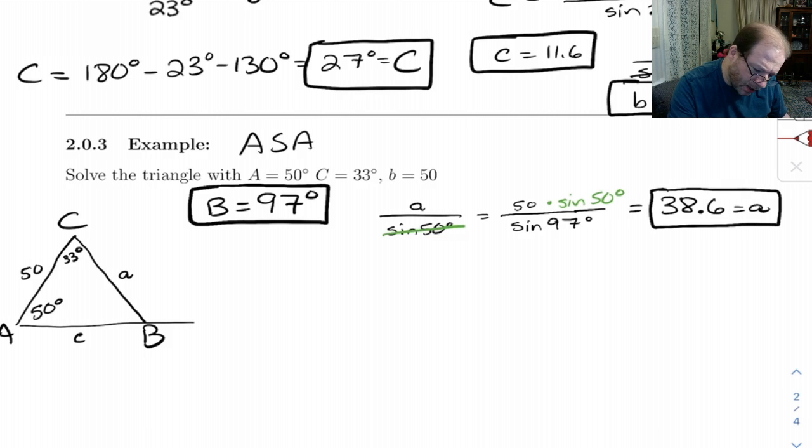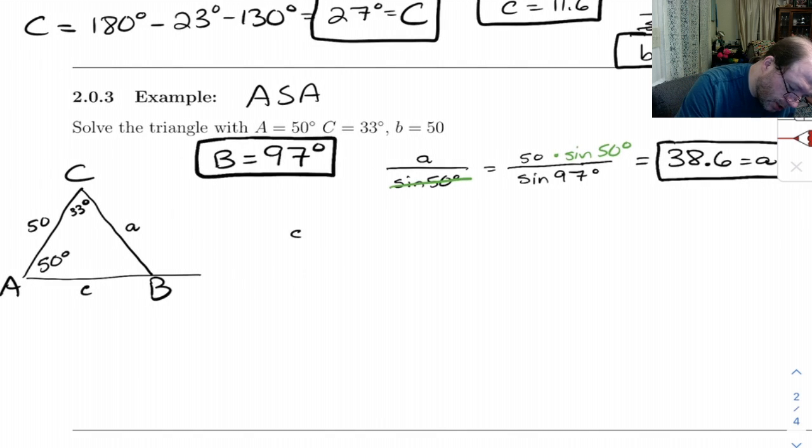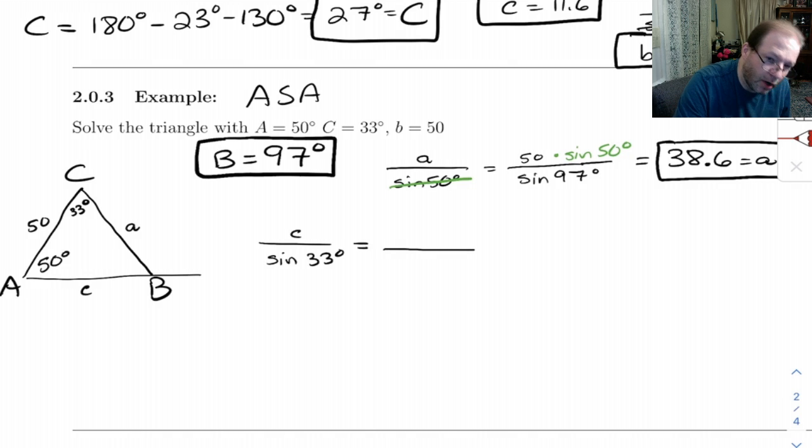So that's a, and the last thing to get is little c. Little b over sine B, B was 97 equals, wait a second, we've already got little b. That's not what we need. We've got little b, we need little c. So little c over sine 33 equals, let's not use a because a, again, is a rounded number.